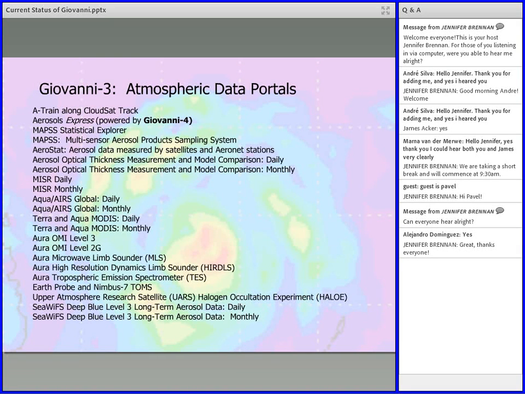We also have data from the Ozone Monitoring Instrument that is on Aura, and from Aura as well, we have the Microwave Limb Sounder, and the High Resolution Dynamics Limb Sounder, which is called HIRDLS for short. And we have some data from the Tropospheric Emission Spectrometer, and that's TES.